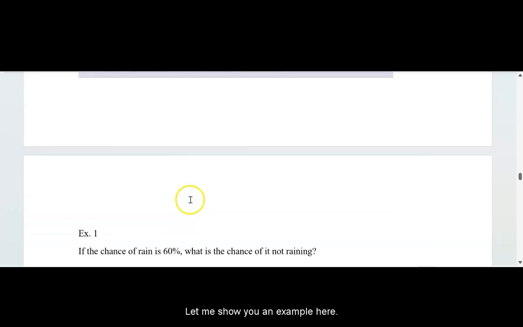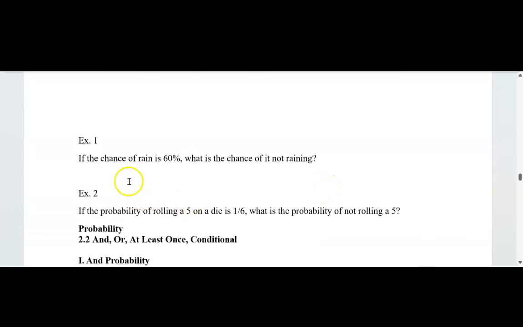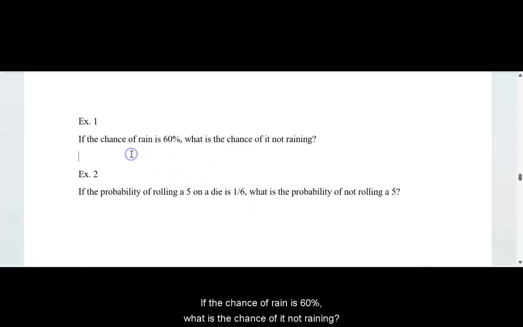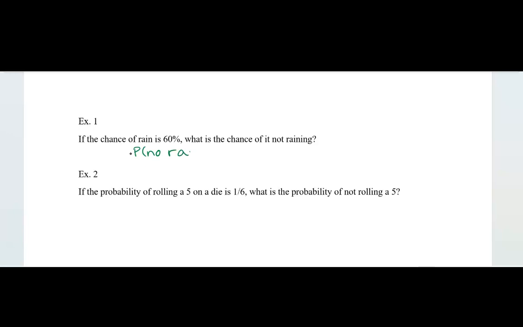Let me show you an example here. If the chance of rain is 60%, what is the chance of it not raining? The probability of no rain, and this is where you have the 100%. There are two ways you can do this.